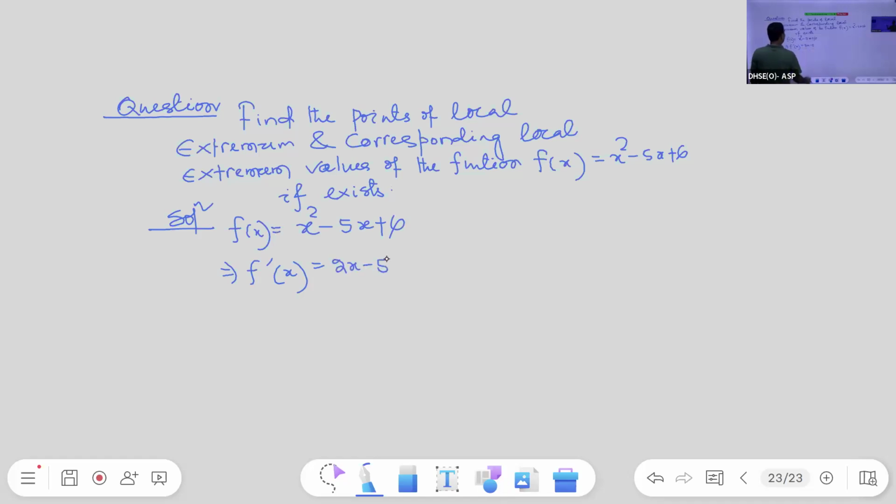For local extremum, f dash x is equal to 0. This implies 2x minus 5 is equal to 0. This implies x is equal to 5 by 2. x is equal to 5 by 2 is the critical point.